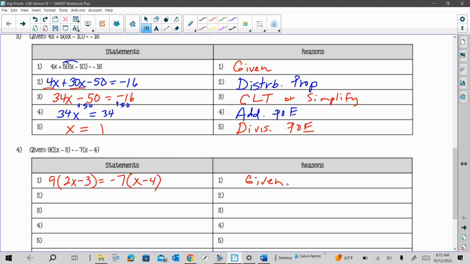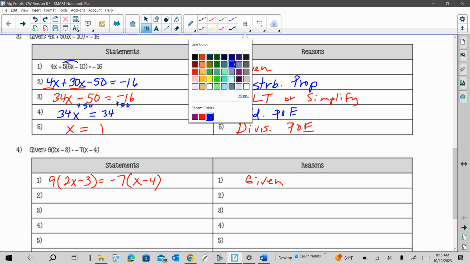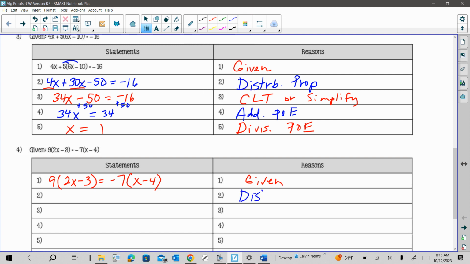To solve, what we need to do next? Yeah, we would need to distribute. So that's going to be my reason, distributive property. If I distribute the 9, this turns into 18x minus 27. If I distribute the negative 7, this becomes negative 7x plus 28.